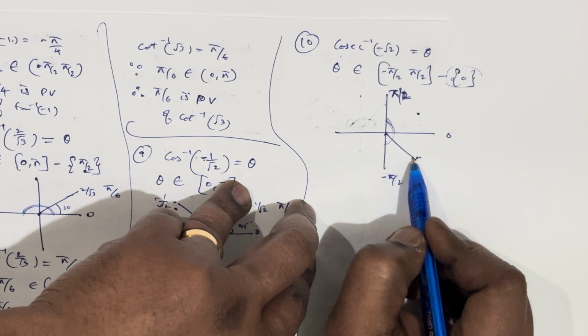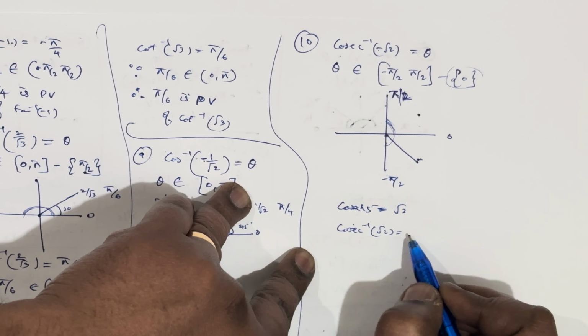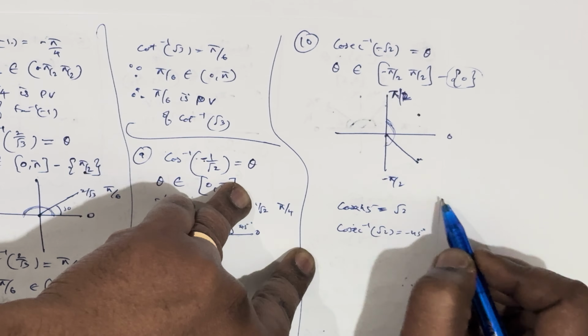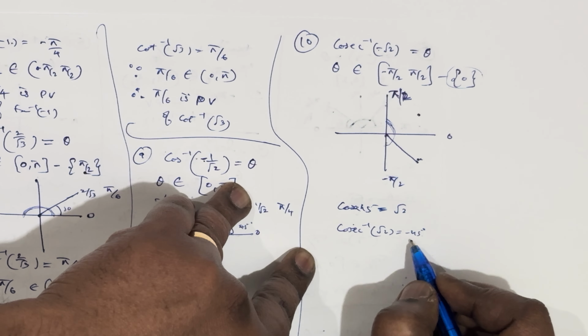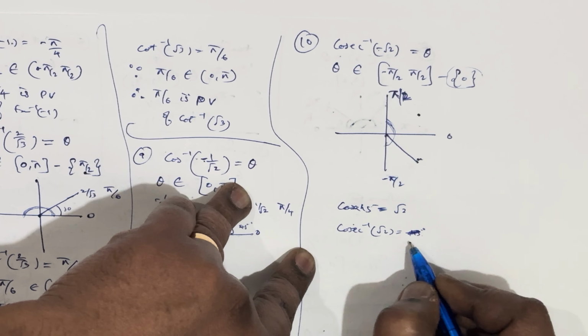Now we know that cosecant 45 is root 2. So cosecant inverse of negative root 2 is equal to negative 45 degrees. It must be here, which is minus pi by 4, right? Minus pi by 4.